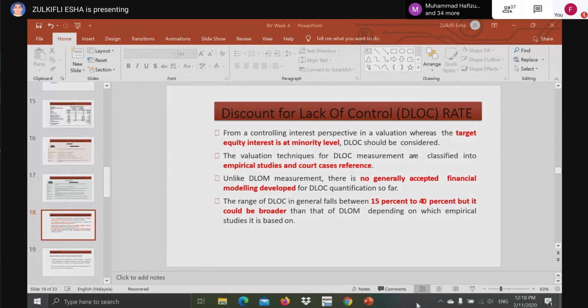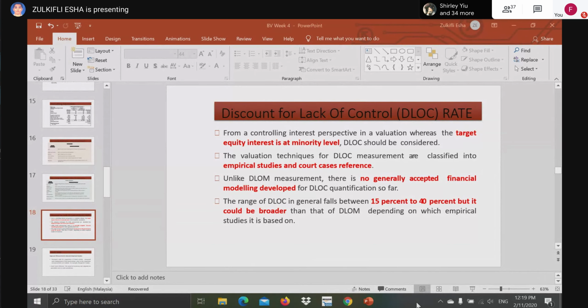But you need to decide. If you are using 50%, you may need to give some justification. Why 15%? Let's say if you decided 40 or 30 or 25%, you may need to have some logical reason to defend your figure.